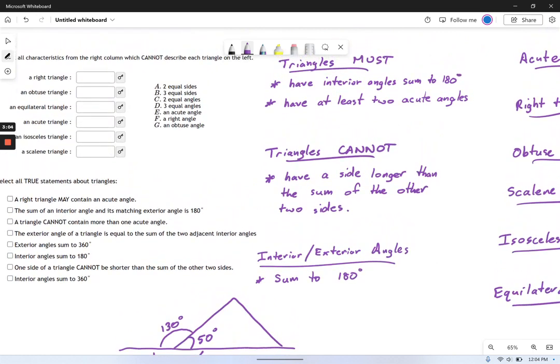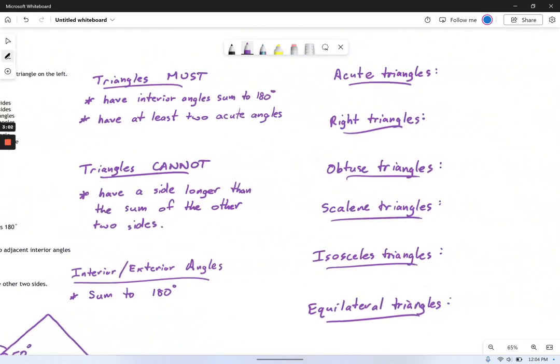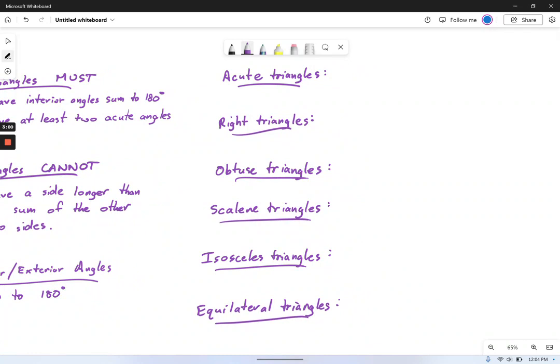Now, a few of the different types of triangles are listed over here. We have acute, right triangles, obtuse, and so on. These can usually be defined very simply. Acute triangles: only interior angles less than 90 degrees. Okay? 89 degrees is fine. 1 degree is fine, but you can't have anything 90 degrees or more.